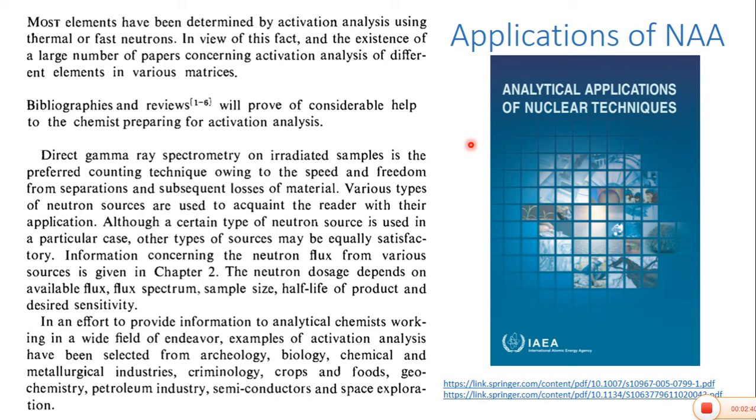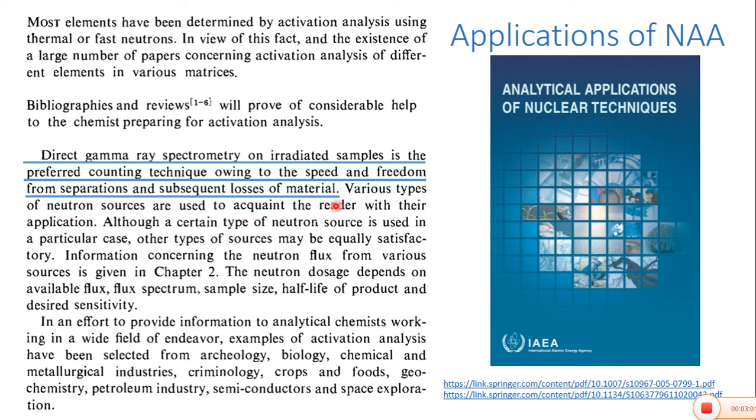If we look at activation analysis, direct gamma ray spectrometry on the irradiated sample is the preferred counting technique, owing to the speed and freedom from separation and subsequent losses of material.